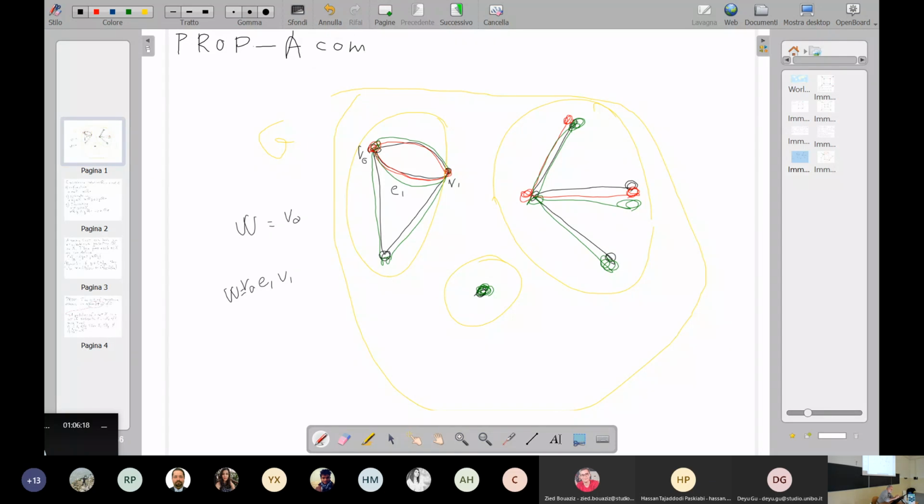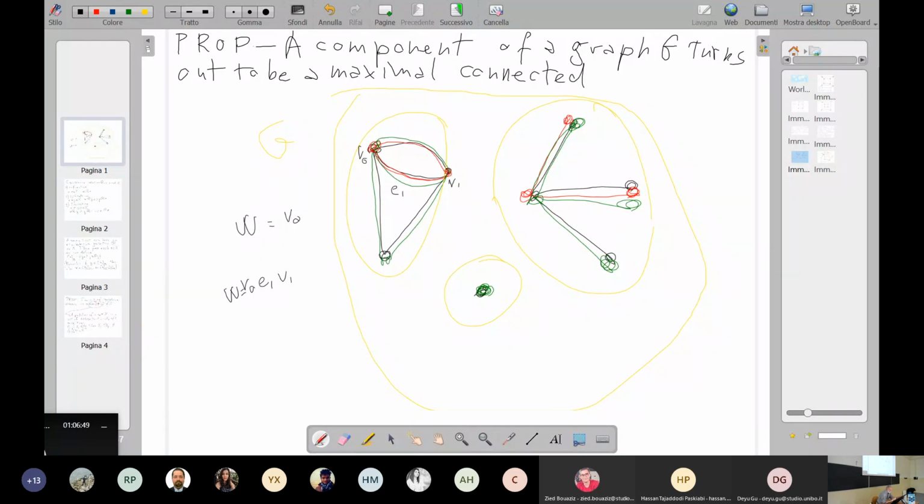A component of a graph G turns out to be a maximal connected subgraph of G. And this adjective maximal is very important.